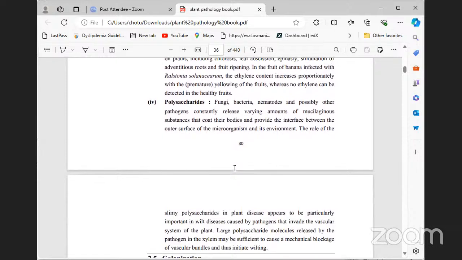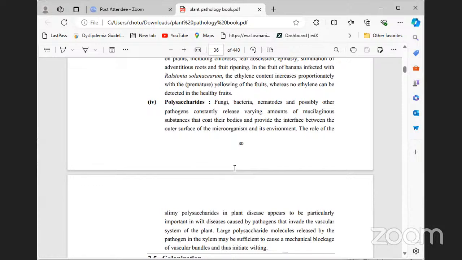The last one is polysaccharides. Fungi, bacteria, and nematodes, and possibly other pathogens, constantly release amounts of mucilaginous substance that coat their bodies and provide the interface between the outer surface of the microorganism and its environment. The role of the slimy polysaccharides in plant disease appears to be particularly important in wilt diseases caused by pathogens that invade the vascular system of the plant.